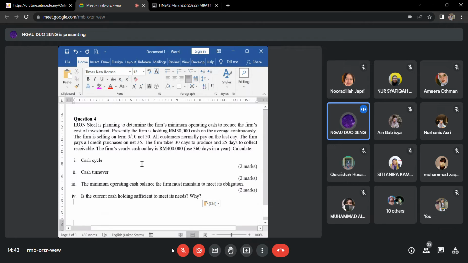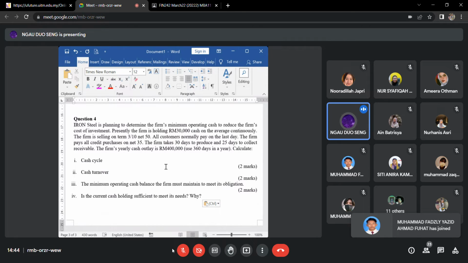So presently, the firm is holding 30,000 cash on the average continuously. So the firm is selling on term, this one you see selling on term 3/10 net 50. All customers normally pay on the last day. The firm pay all credit purchases on net 35.